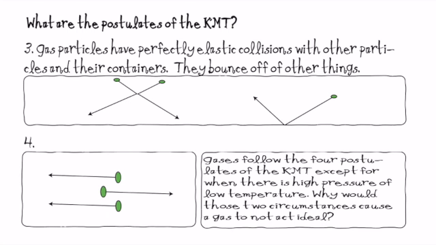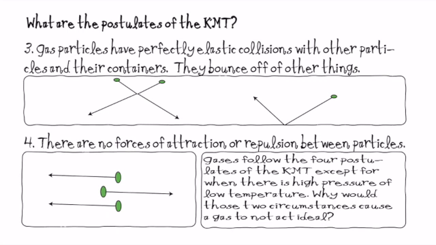Gas particles have perfectly elastic collisions with other particles and their containers. They bounce off of other things, so they do not lose energy when they collide with something. And 4. There are no forces of attraction or repulsion between particles.